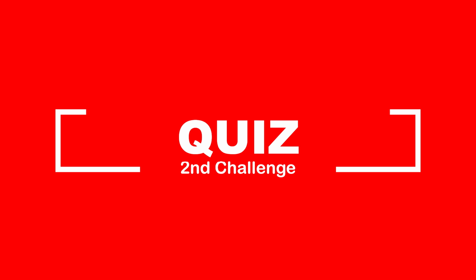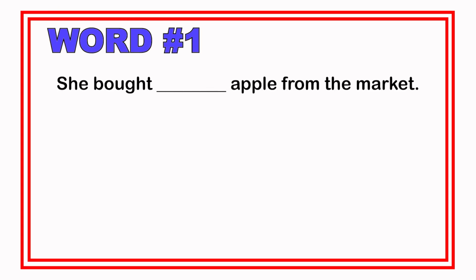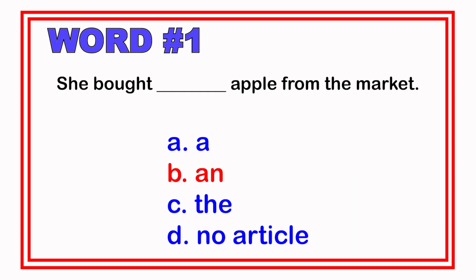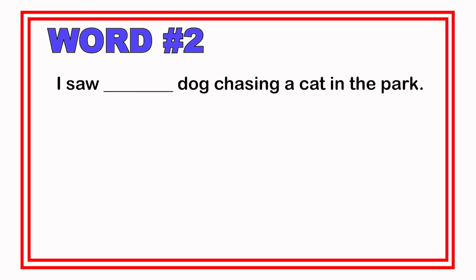Number 1, she bought something apple from the market. She bought an apple from the market. Number 2, I saw something dog chasing a cat in the park.